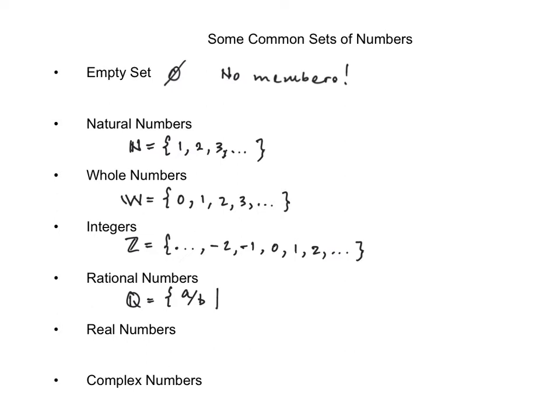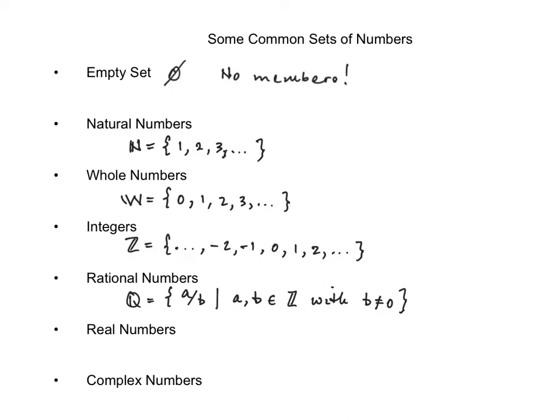And now to the right of this vertical slash, we're going to put the properties that must be satisfied by these objects. So we want a and b to be integers, and we want b, the denominator, to be non-zero. So that defines the entire collection of rational numbers.